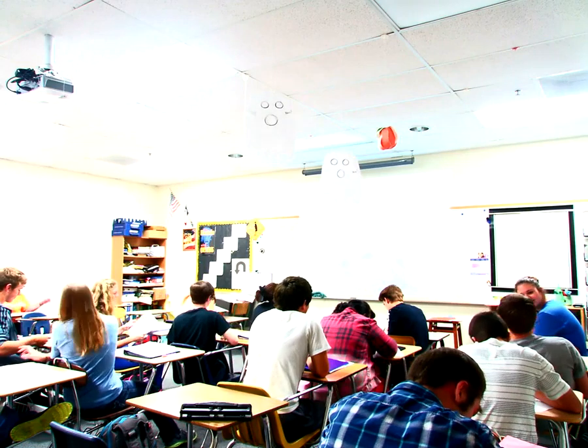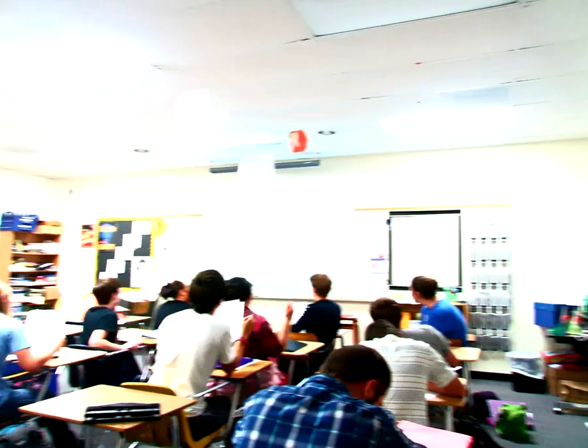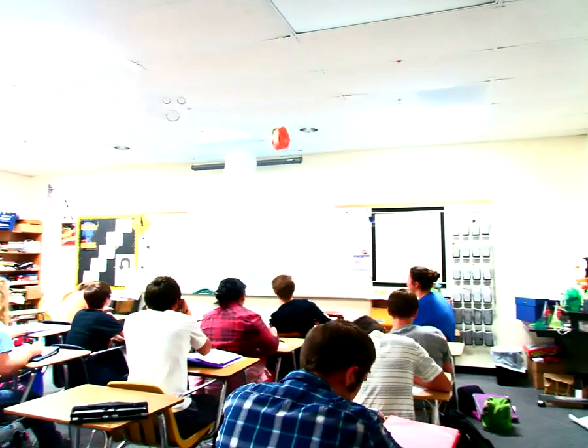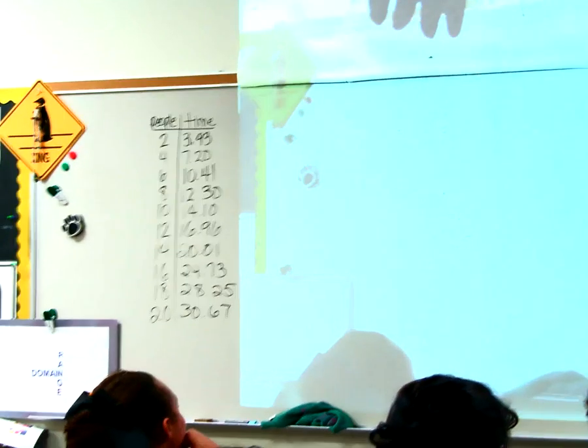How many of you have ever seen a situation where the time depended on something else? Let me see if I can zoom in so whoever's watching the video can see the data. So that's the data that we got when we did our time.